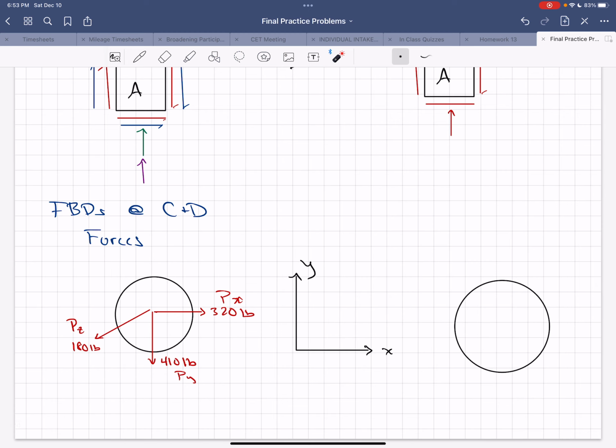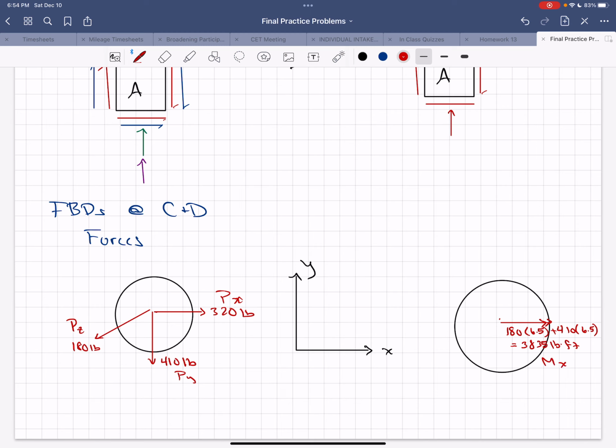In the X direction, we have two positive moments. So we have 180 times 6.5 feet plus 410 times 6.5 feet. And that equals 3835 pound-feet, and that is our moment around X.